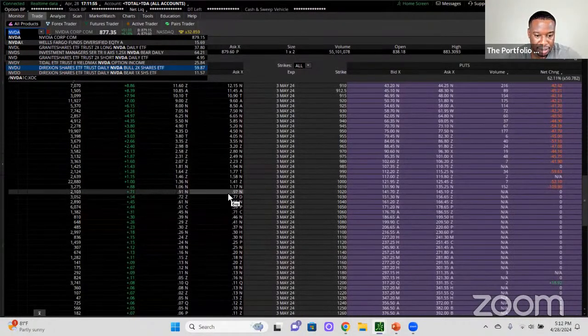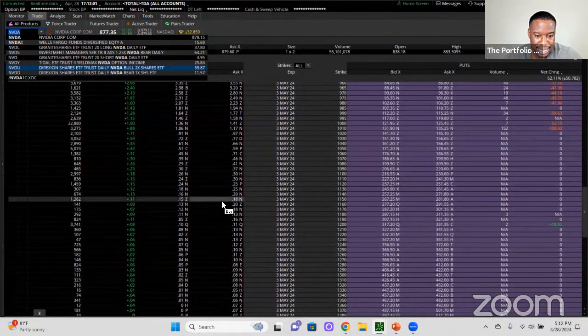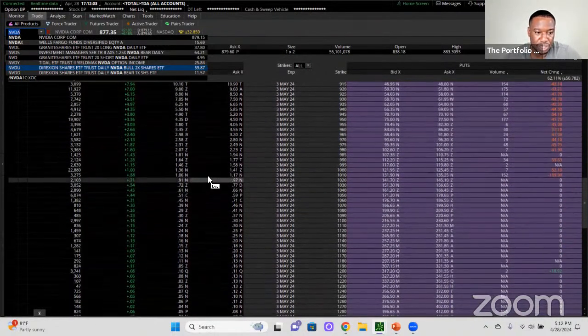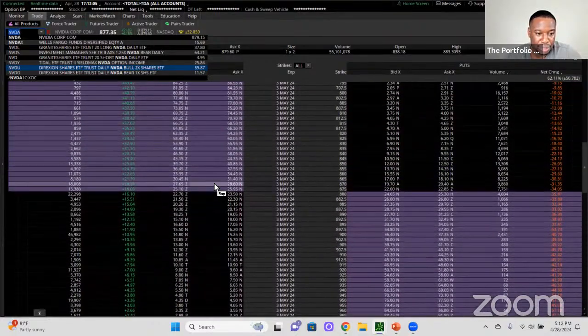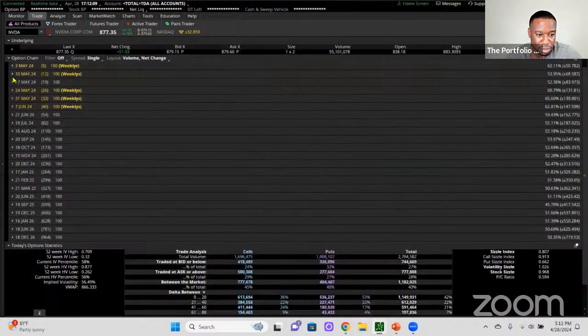So you can find contracts like this is a 6-cent spread difference. This is a 5-cent spread difference. It's not as big of a spread difference. You have more opportunities to get into trades because there's more contracts that are available. And if you just look at volume right there, you got 1 million in puts, you got 1.6 million in calls. So this plays a major role.